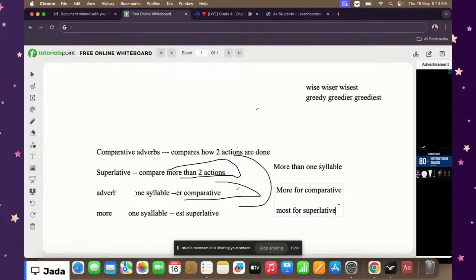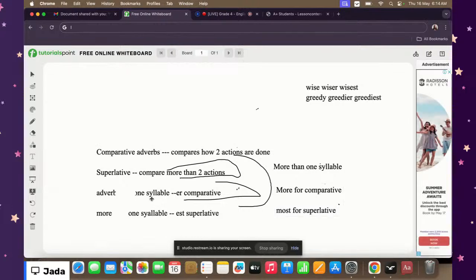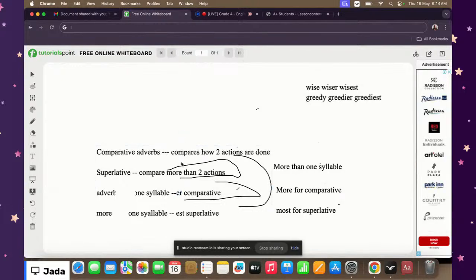Okay, so this is what you have for the more than one syllable. And if you have one syllable for comparative, it is er, just like what we have here.